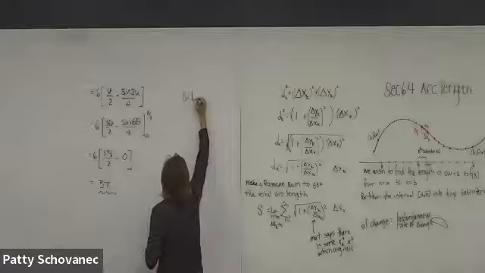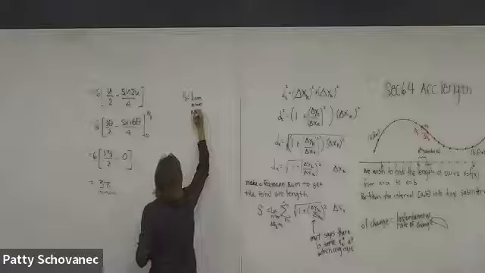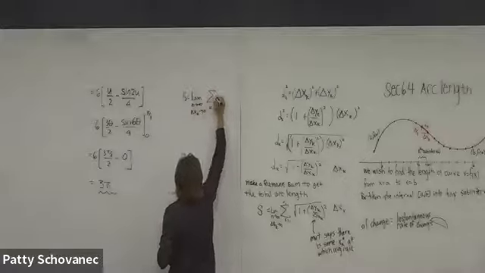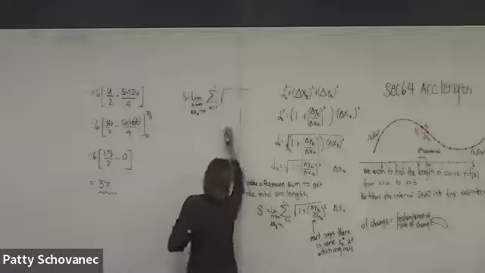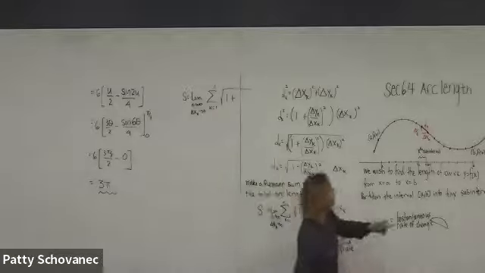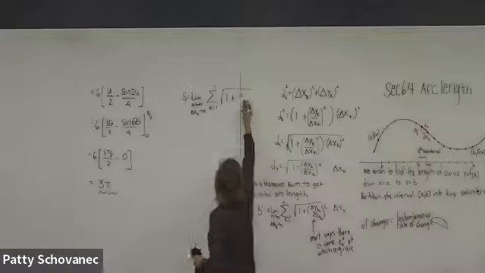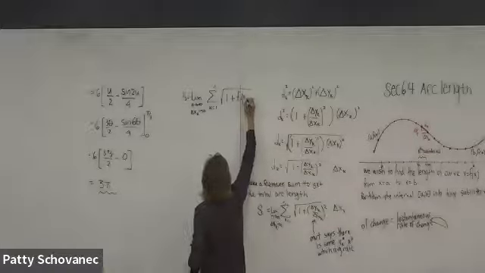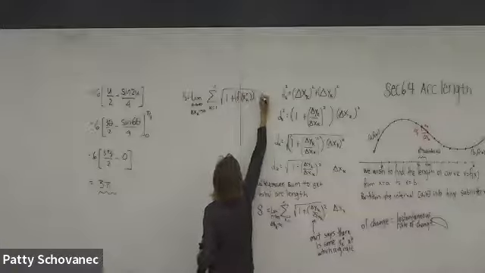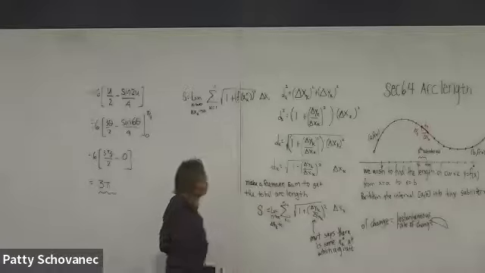s is equal to the limit as n goes to infinity, delta xk goes to 0, sum from k equals 1 to n, square root of 1 plus, well, that becomes the derivative of this function at that special x, so I'm going to call it f prime of xk star squared times delta x. It'll be a delta xk, but we're going to make them all the same length.